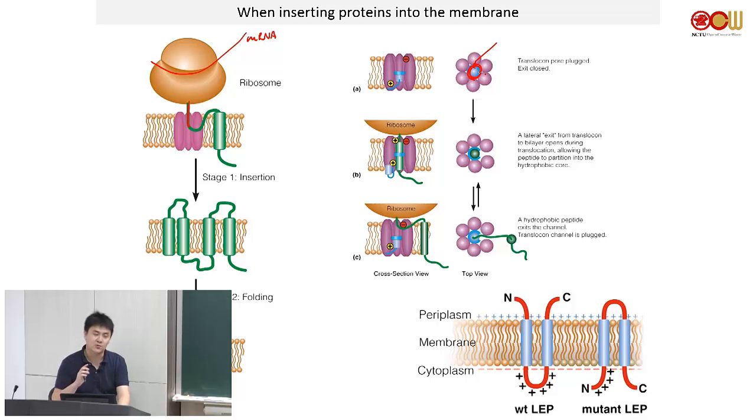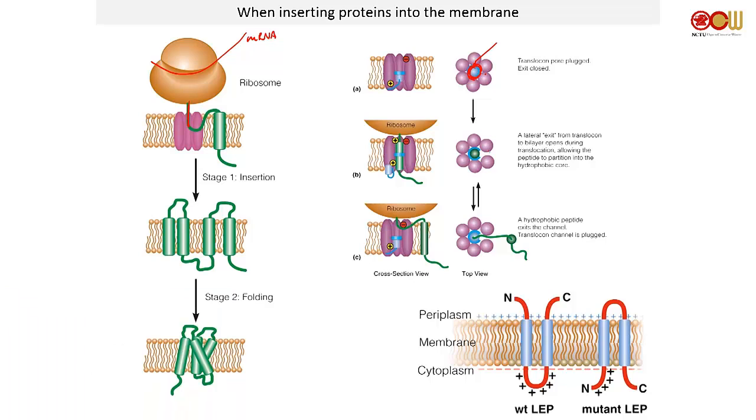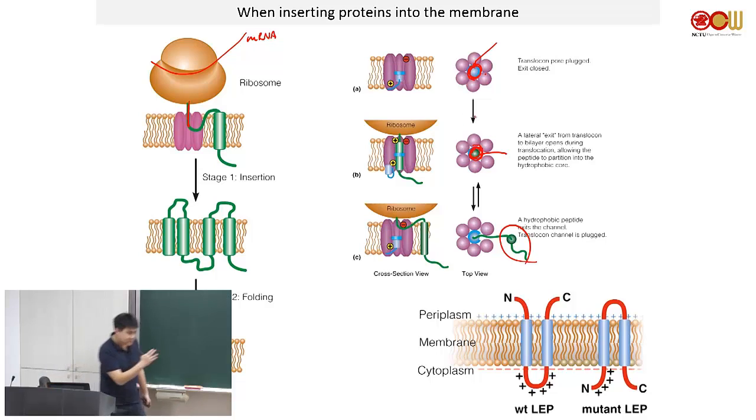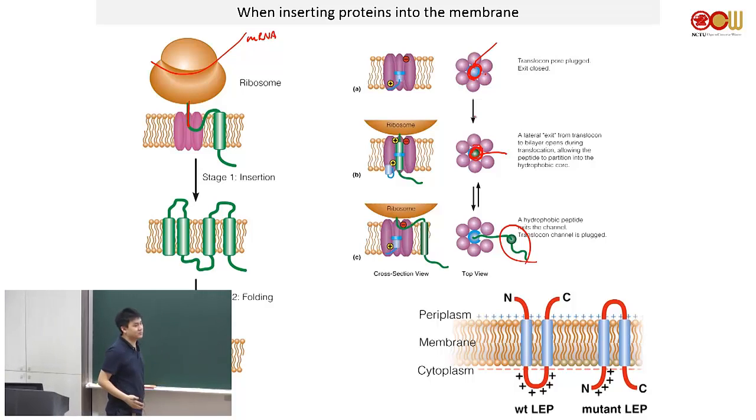It's going to fall slightly into the hydrophobic core right here. The core is hydrophobic, and after it's done, it gets kicked out like this. Then this ring closes again, and you can keep on inserting polypeptides until the entire polypeptide sequence ends up on the membrane.